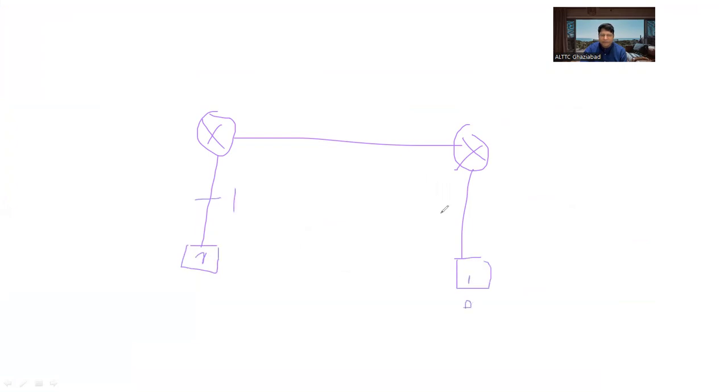This is network number one, this is network number two, and this is network number three as per our planning. I want to communicate from this PC to this PC, from A to B. So definitely we require a protocol, and now I will discuss the static routing protocol. Before I go to the implementation of this protocol, I am saying one thing.